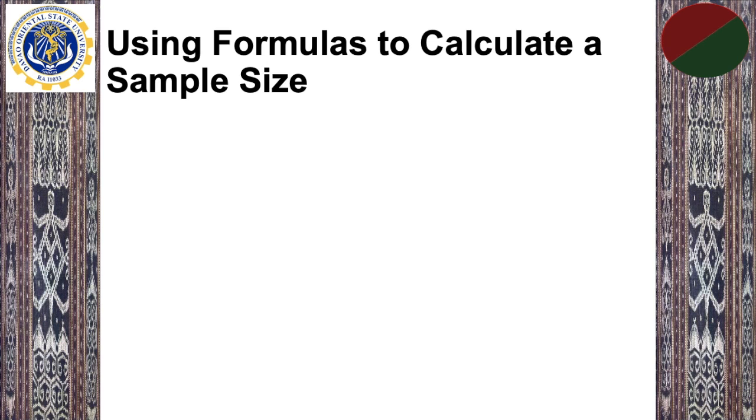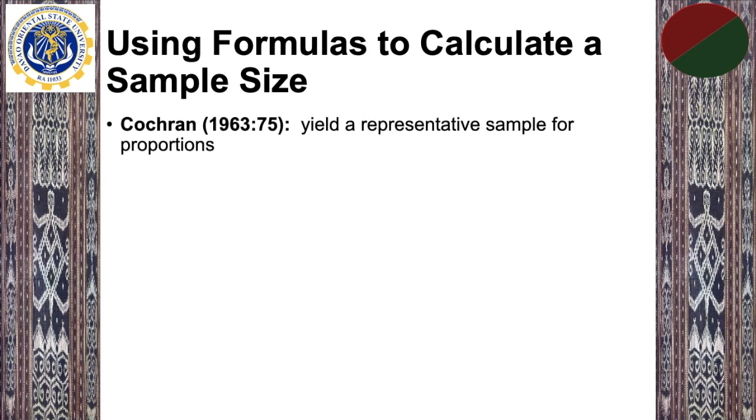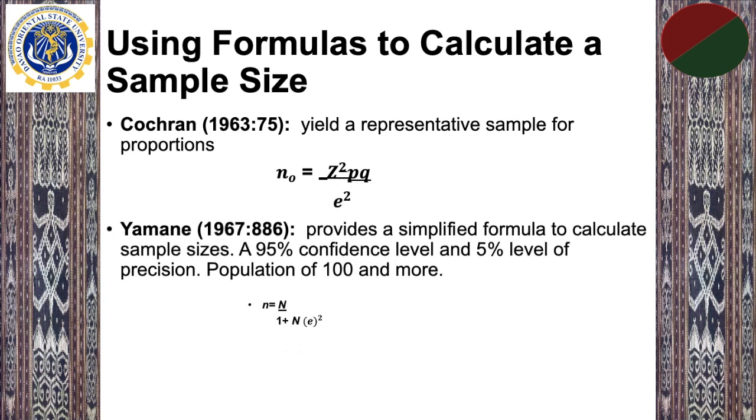So in our sampling plan for quantitative research, we need to also include the formulas to be used to calculate the sample size of the study. I'm going to present Cochran here, and the other one is Yamane, but we'll focus on Yamane. It provides a simplified formula to calculate sample sizes, and we're using a 95% confidence level and 5% level of precision.